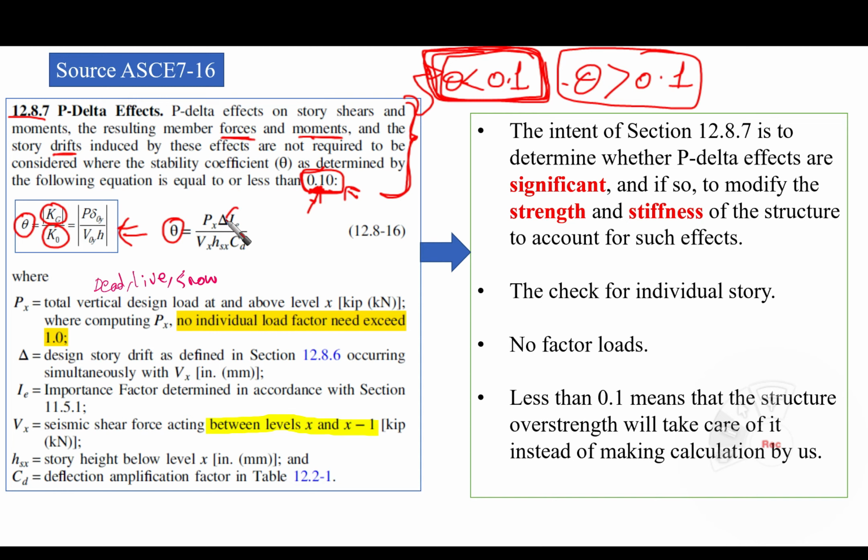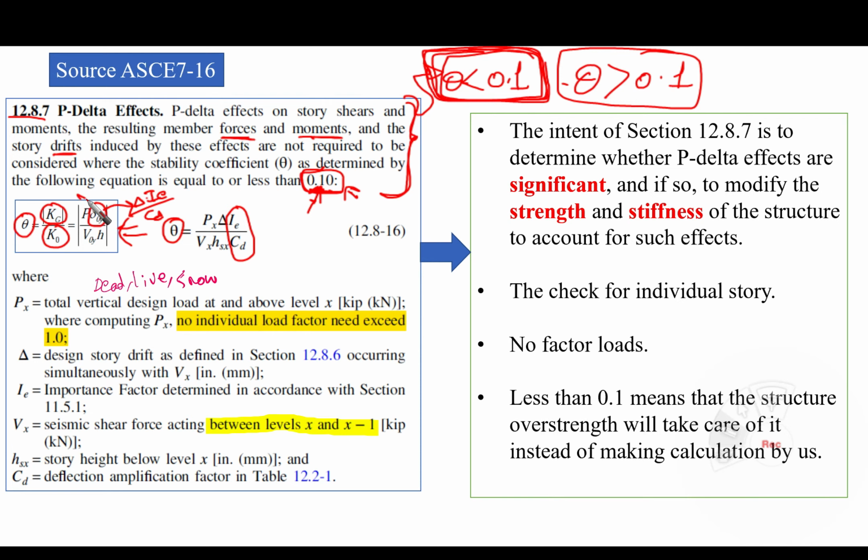Actually, these I E and C d, we didn't include them before, right? But actually, this delta node yield equals delta, the design story drift, times I E over C d, right?